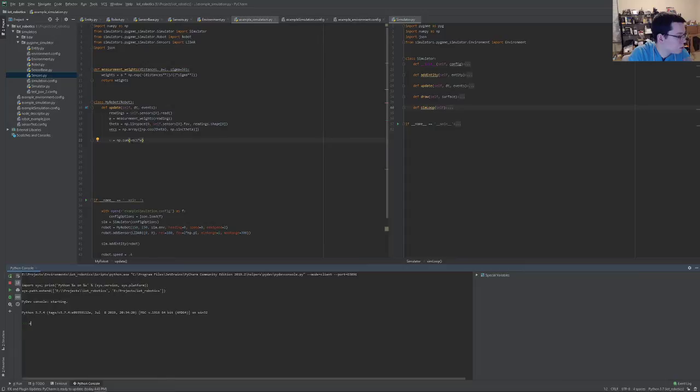So if I do import numpy as np, a equals np.arange(10), a.shape, a equals a.reshape 1 by 10.